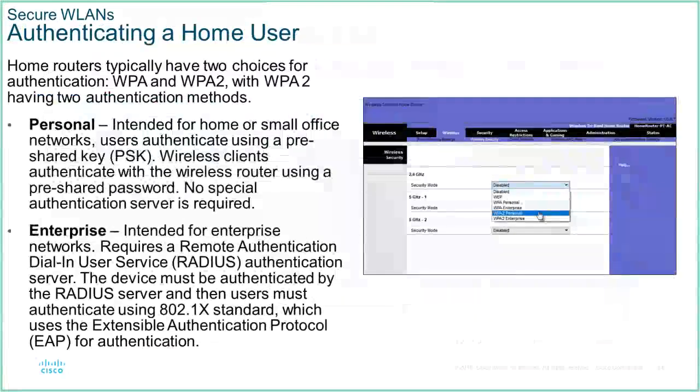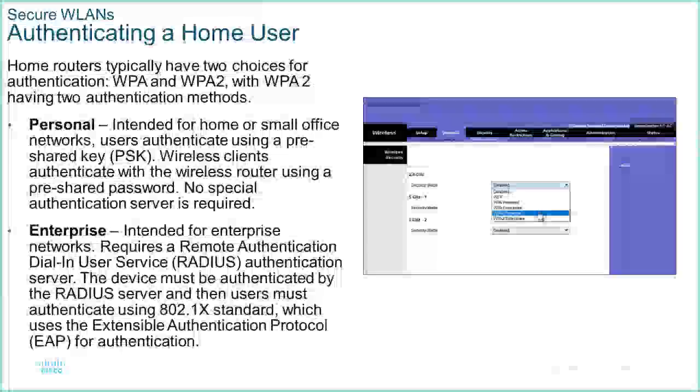How do we do it on a home device, on our domestic devices? When we're going through the wireless setup, in the security mode, we just select the type we want. Personal is where we have pre-shared keys. Enterprise is where we're using a RADIUS server to authenticate against.